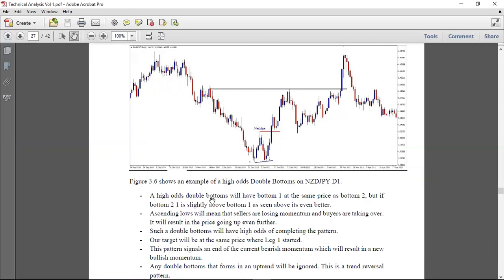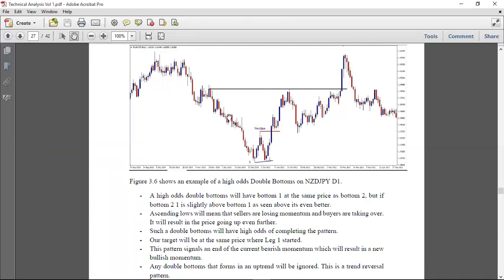A high odds double bottom will have bottom 1 at the same price as bottom 2. But if bottom 2 is slightly above bottom 1, it's even better. Ascending lows mean that sellers are losing momentum and buyers are taking over. Now, as I said, it's an inverse of the double top.